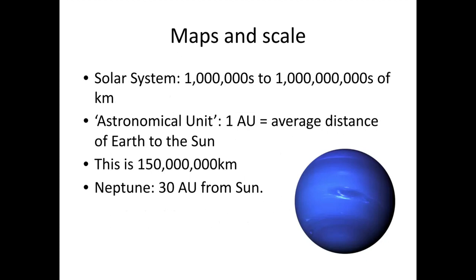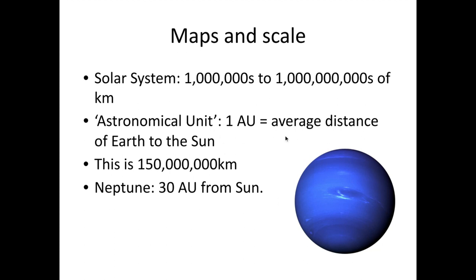So to make that a bit easier, when we're measuring within the solar system, we use something called the astronomical unit. You can see it written here, or we use capital AU. What that is, is one lot of the average distance of the Earth to the Sun. Now, obviously, Earth is orbiting the sun, so it's not always exactly the same distance.